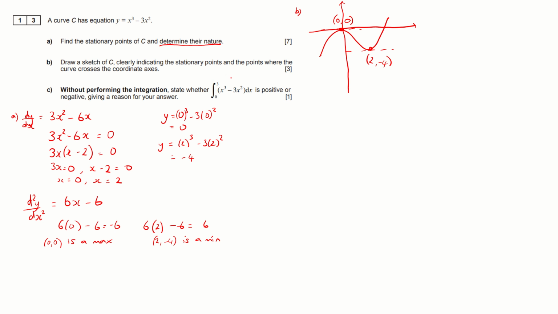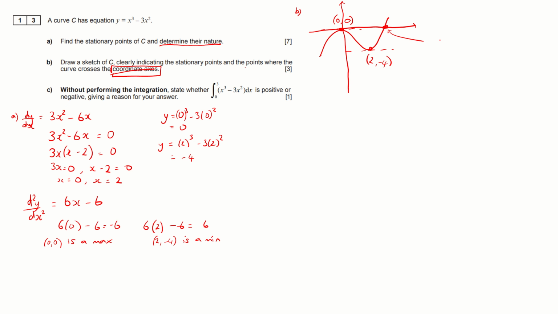Not quite finished there because it wants the points where it crosses the coordinate axes. That includes this coordinate here, which we have not yet found. That coordinate is where the y coordinate is equal to 0.